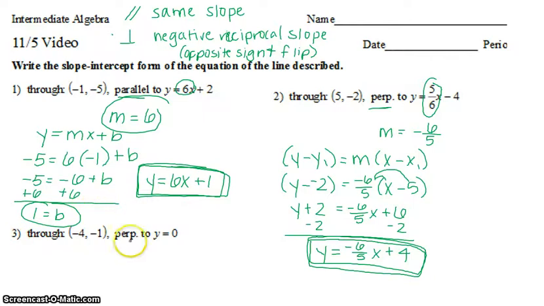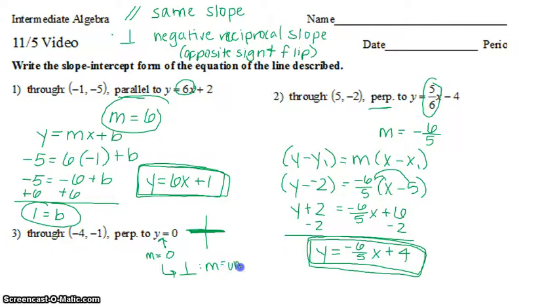Number 3 is kind of an interesting one here. Perpendicular, when I look at this slope, y equals 0 is just going to be this line right here. So that slope is equal to 0. When I go to change this to a perpendicular slope, I can't really flip a 0 because then it's going to be 1 over 0 and that's not going to work.